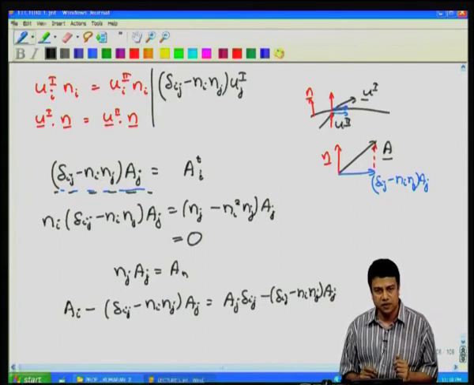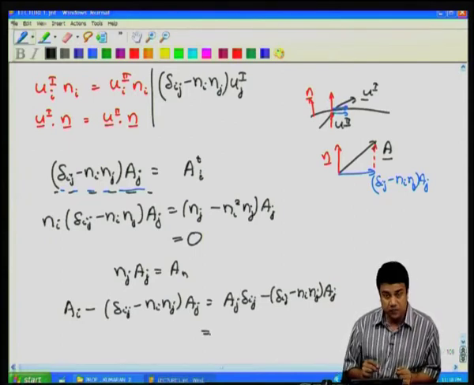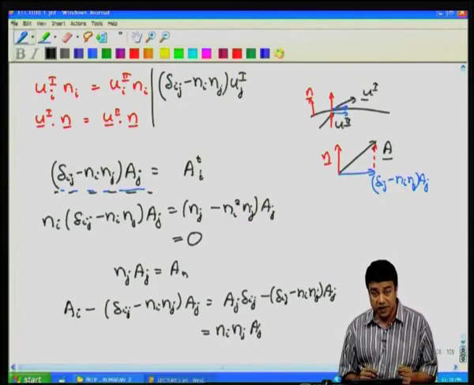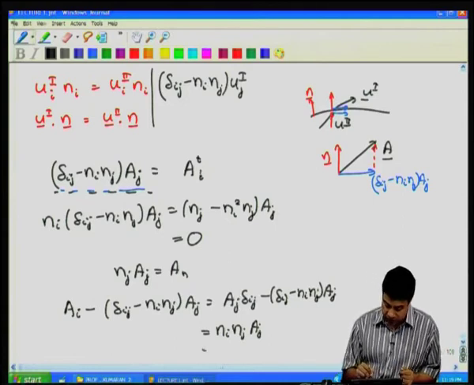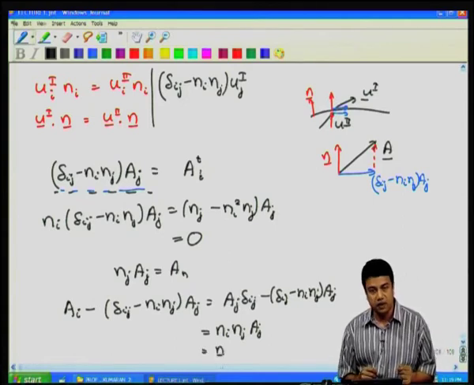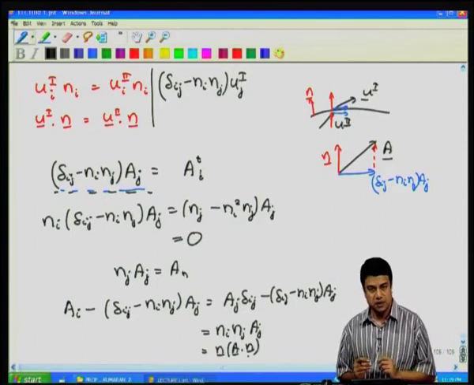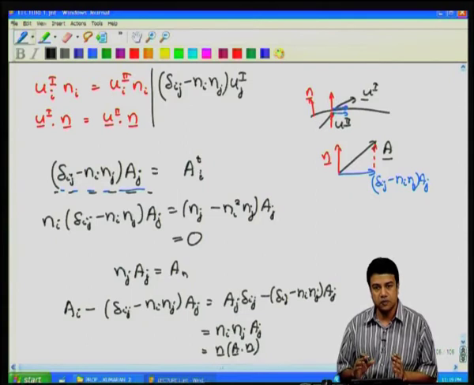You can subtract these two quite easily to get simply n_i n_j A_j, which is equal to the magnitude of A along n. This is just equal to the n vector, n_i, the free index representing the vector direction, times A dot n. So, this is the vector along the unit normal whose magnitude is equal to A dot n.